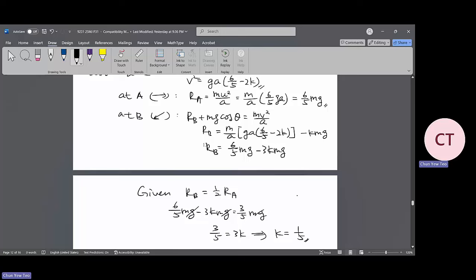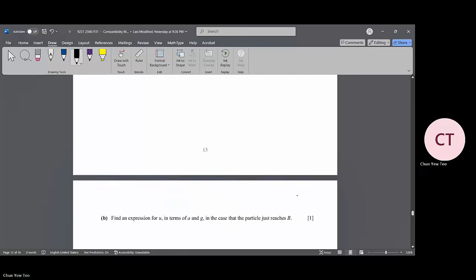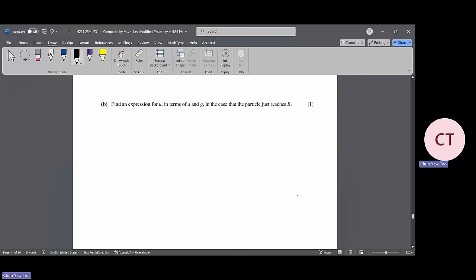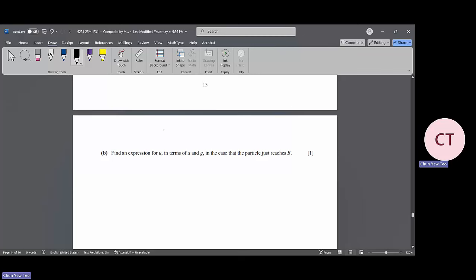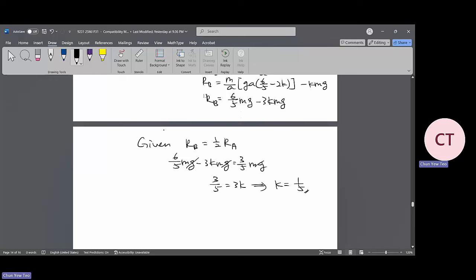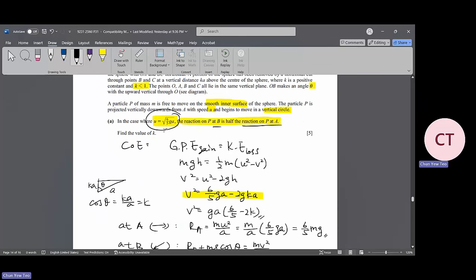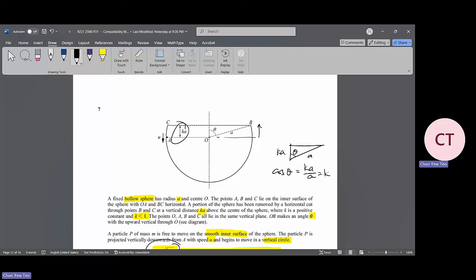Now we move on to question 7B. Find an expression for U in terms of A and G in the case that the particle just reaches B. If the particle just reaches B, that means when you reach over here, your V is 0.